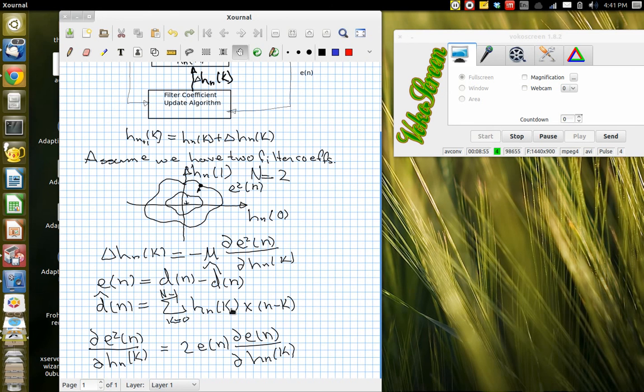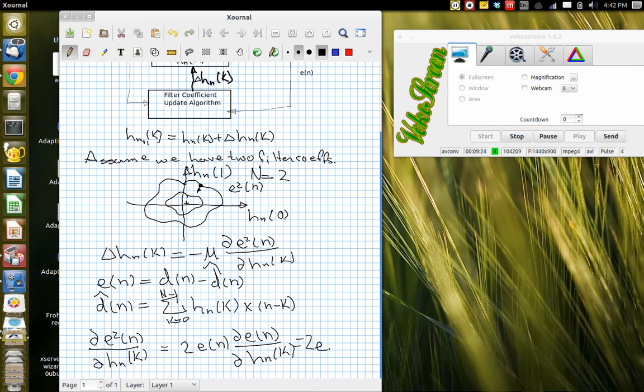So if you notice, the partial of e n with respect to h n of k would be minus the partial of d n hat, because the partial of e n is going to be minus the partial of d n hat, and d doesn't depend on h n of k. So the partial of d n hat, there's only one h n of k here, and this k goes 0, 1, 2, and so on.